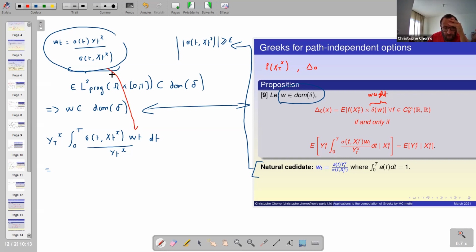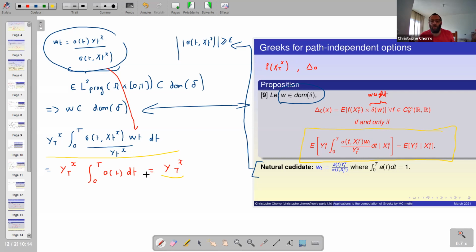The sigma will simplify, the Y will simplify, and it will remain that I have Y_T(x) times the integral between 0 and capital T of A(t) dt, which is equal to Y_T(x). So this expression in yellow is equal to this one, and so this condition is fulfilled.